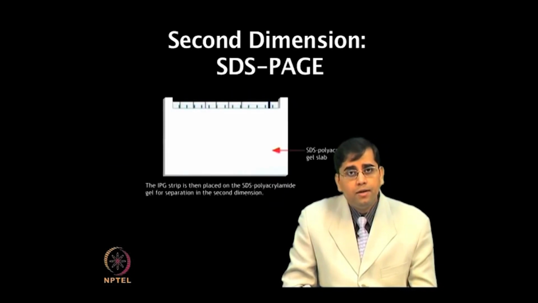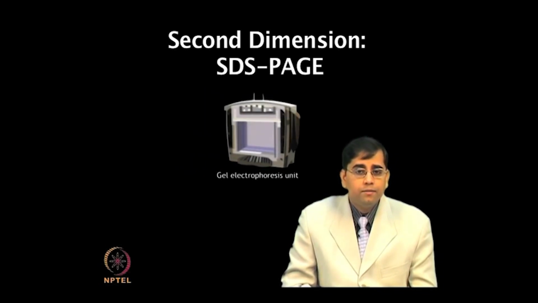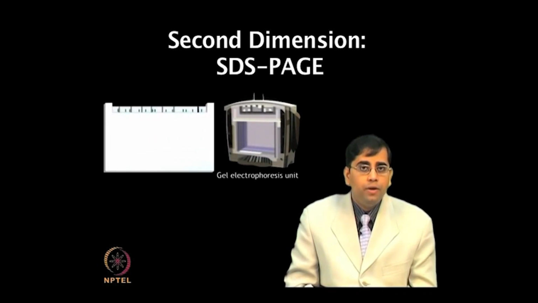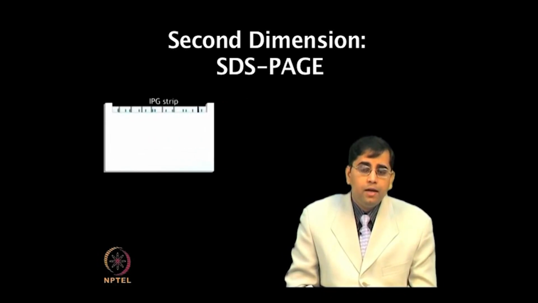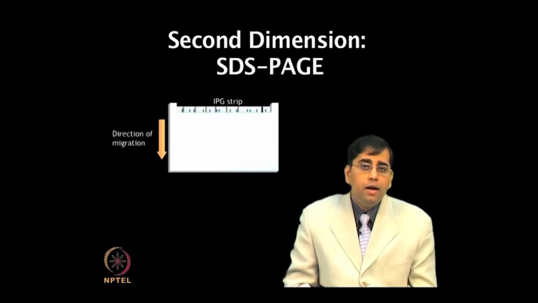On SDS PAGE gel, proteins get separated on the basis of their molecular weight, with the low molecular weight proteins having high mobility and migrating further through the gel, and the high molecular weight proteins remain close to the point of sample application.